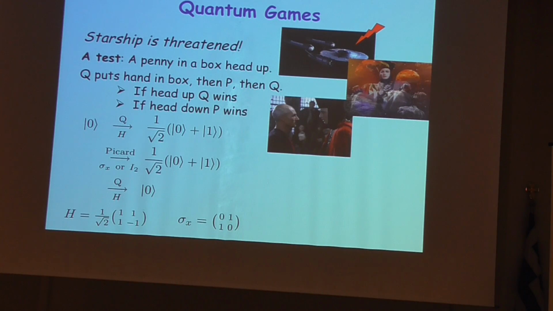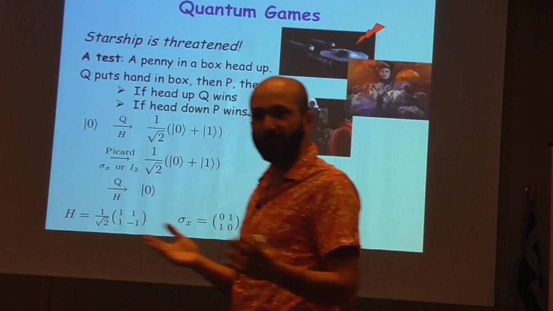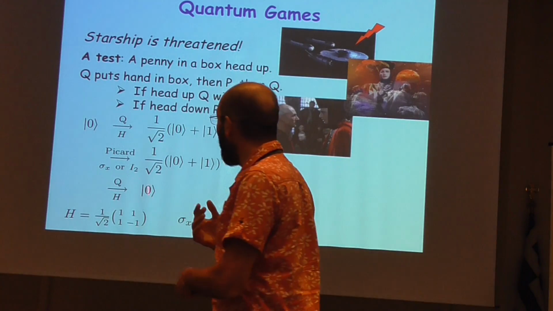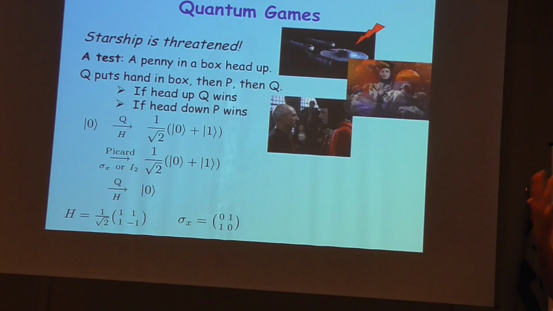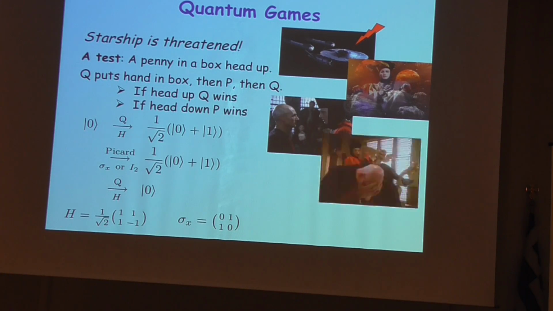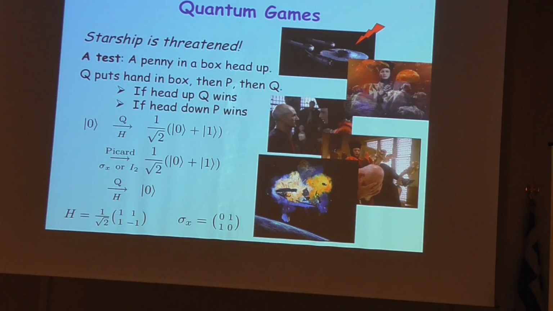So whatever Picard does, rotated or not, trying to guess if Q is bluffing or double bluffing or triple bluffing, he will do one of the two. But as the state is symmetric, whatever he does, he will get back the same state. Q knows that, performs another Hadamard gate. At the end, he gets heads. Unfortunately, Picard loses. Starship is destroyed.